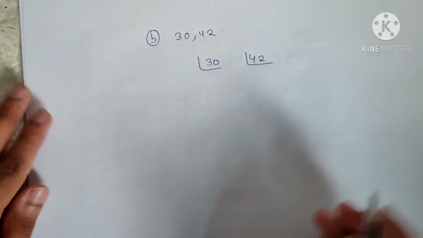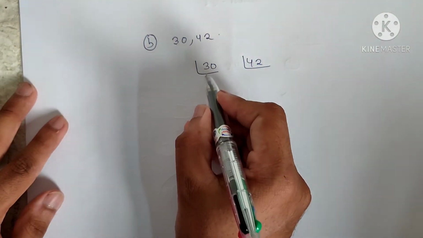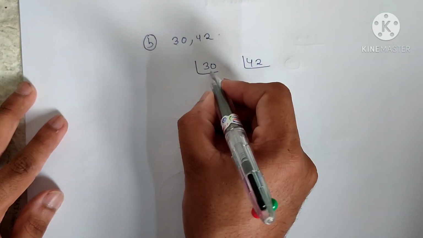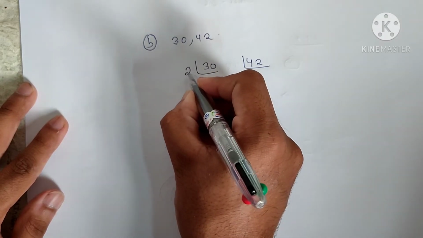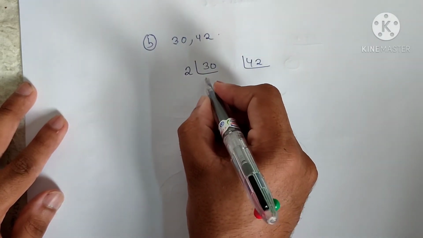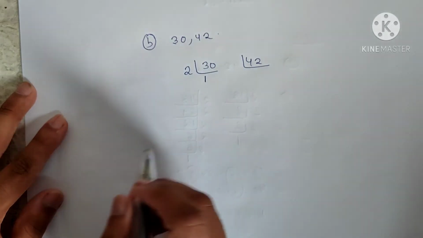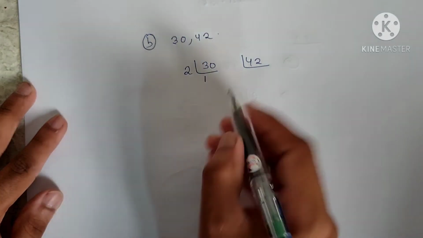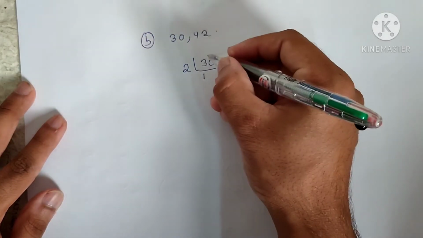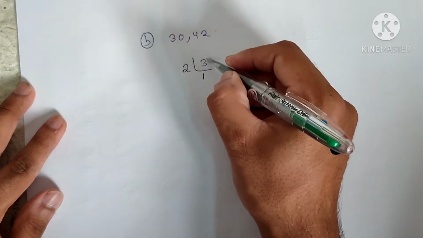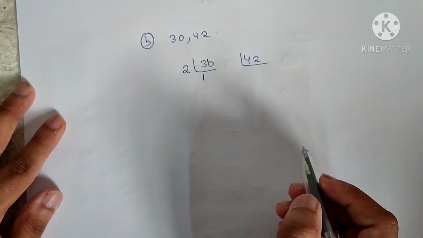So as you can see, 30 is divisible by 2 or not? Yes, because 0 is always divisible by 2. So 2 1 is 2, isn't it? 3 does not divide, so you will take the smaller one. 2 1 is 2, the borrow 1 is left, so the borrow goes here, it becomes 10 now.